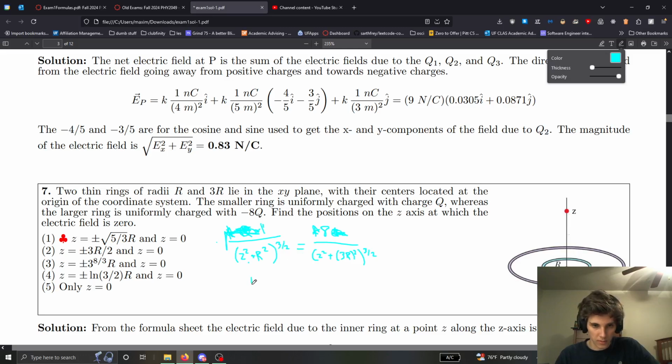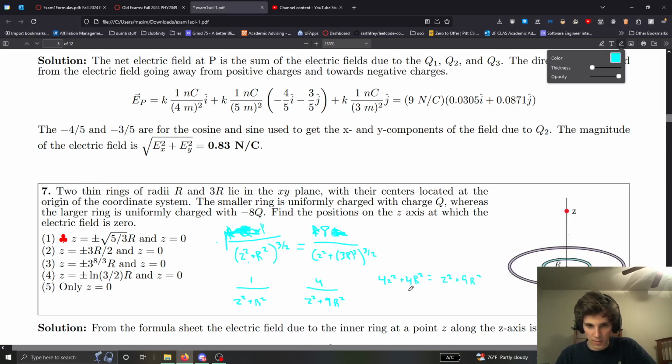What that'll do is it'll go like this: 1 over 4, Z squared plus 9R squared over Z squared plus R squared. You'd get 4Z squared plus 4R squared is equal to Z squared plus 9R squared.